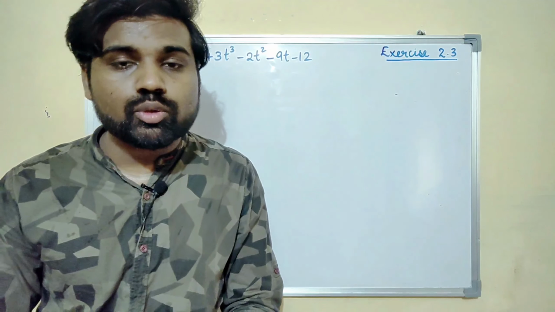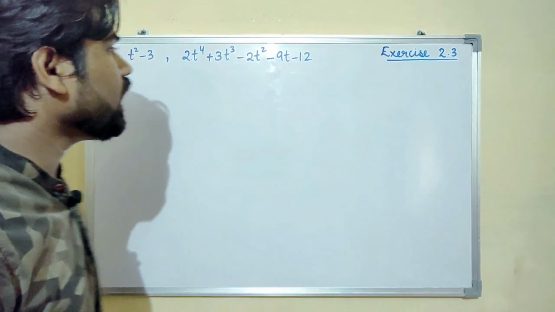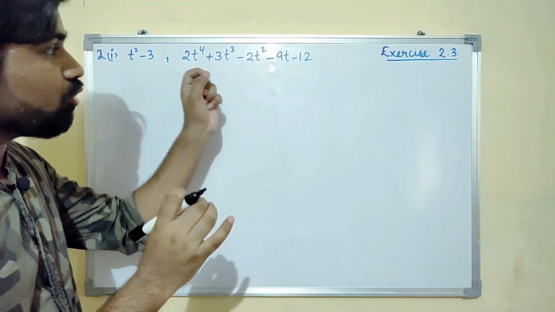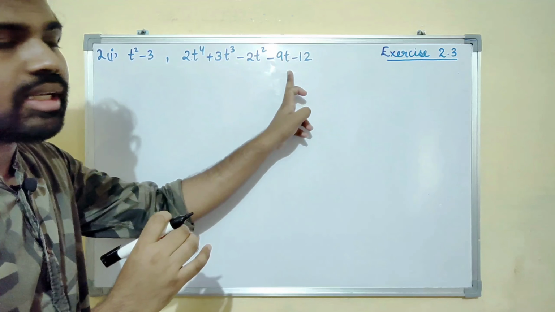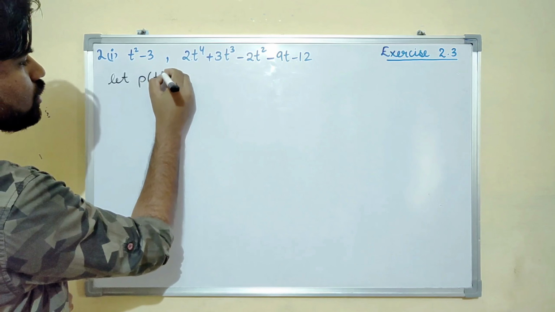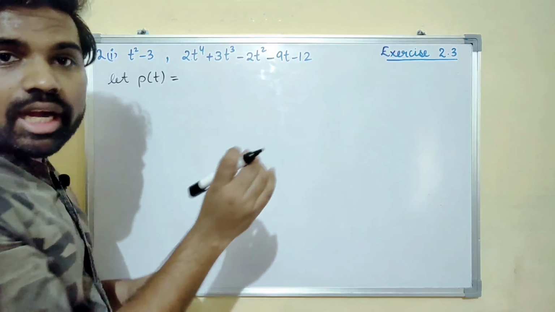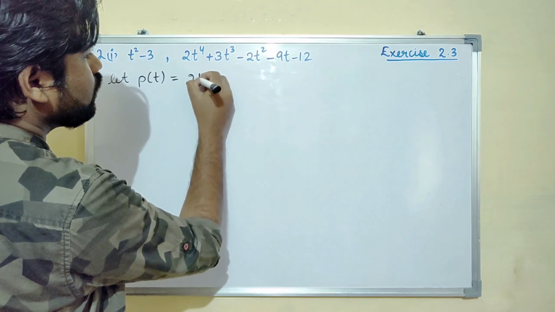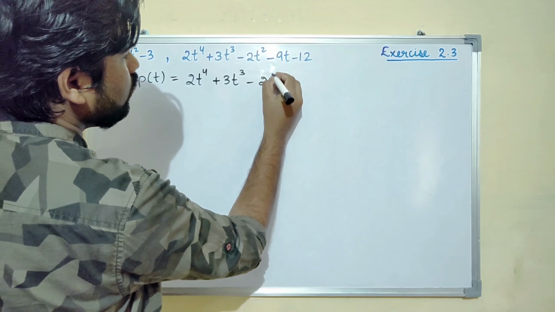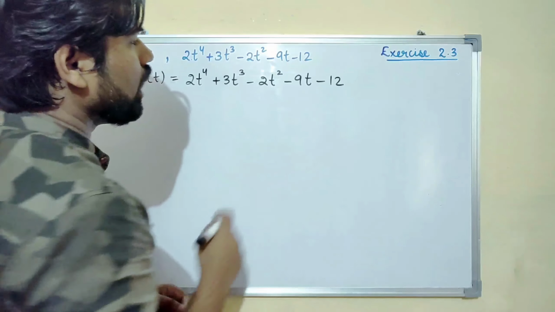First of all, let us name them so that it is easier for us to refer to them. Let this be p(x). Okay, p(t), sorry, it would be p(t) because the variable here is t. So let p(t), that means polynomial of t, equal to, write it in the standard form, 2t to the power 4 plus 3t to the power 3 minus 2t square minus 90 minus 12, right?